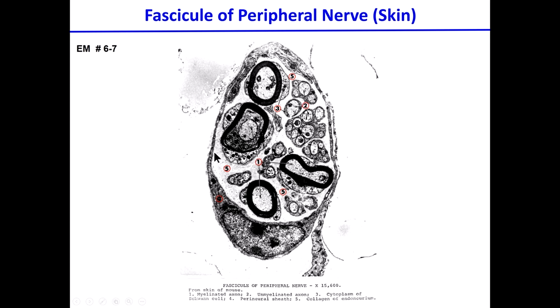And then everything else is connective tissue. And this connective tissue, because of its location, is the endoneurium, okay? This slide makes it very easy to show what the endoneurium does. It's kind of the quote-unquote glue that maintains all these myelinated or non-myelinated axons together.